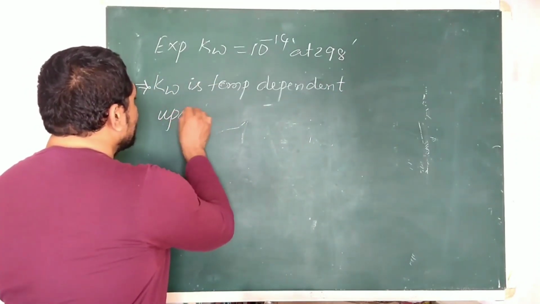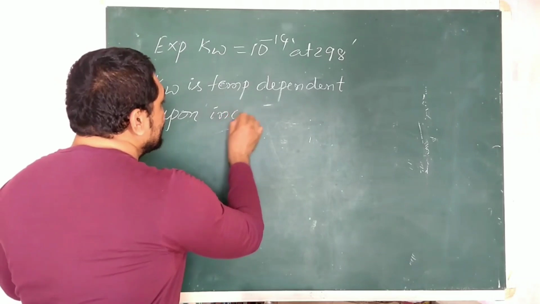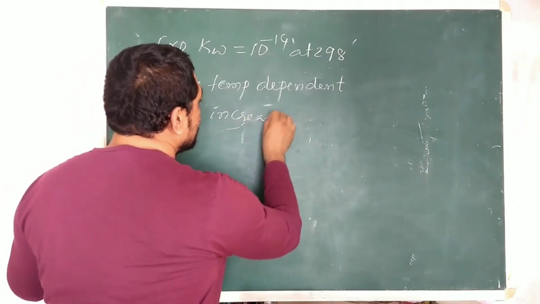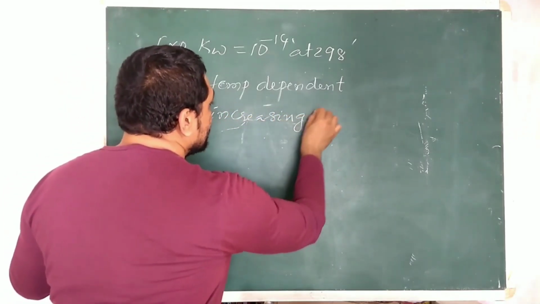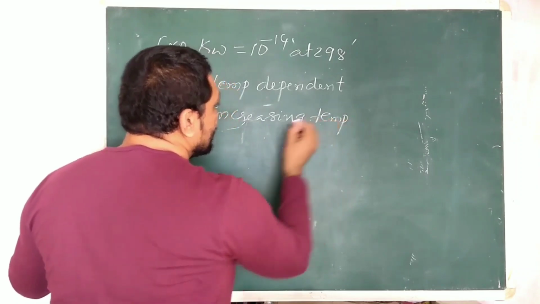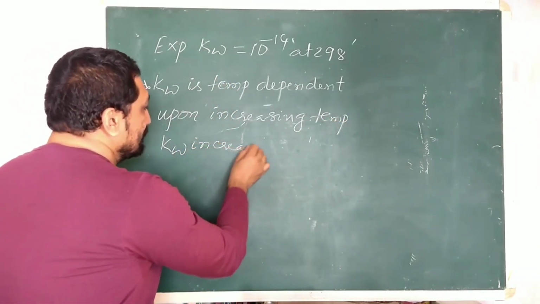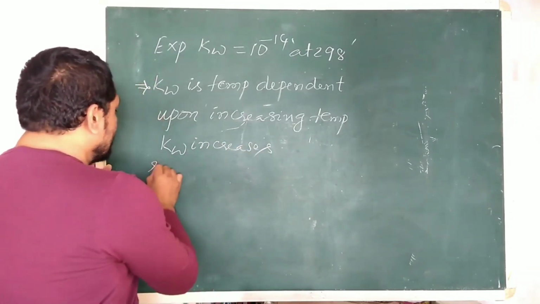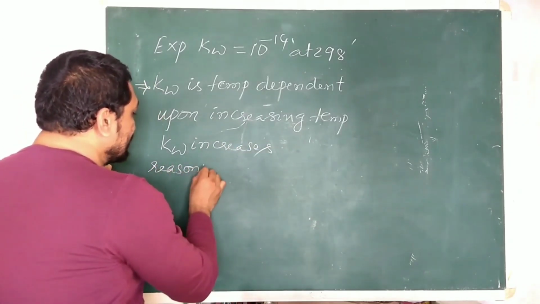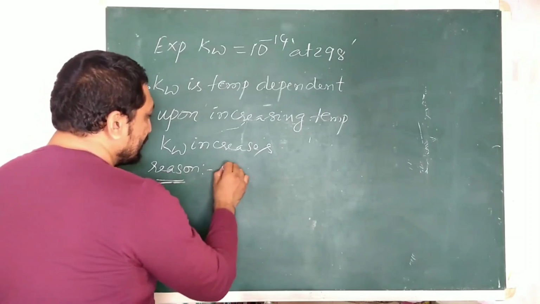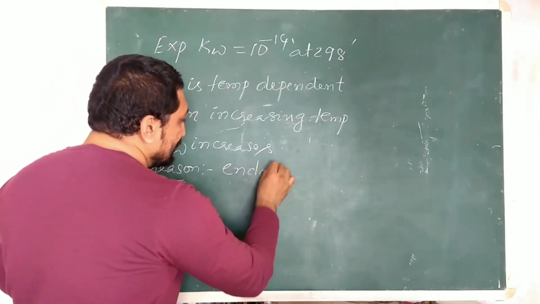Upon increasing temperature, Kw increases. Reason: ionization of water is an endothermic reaction.